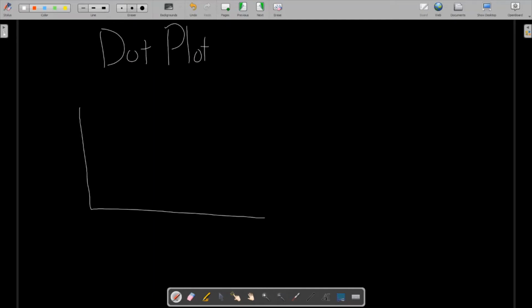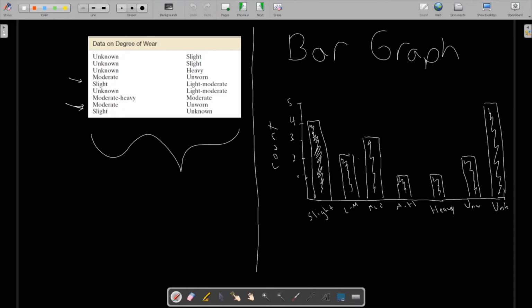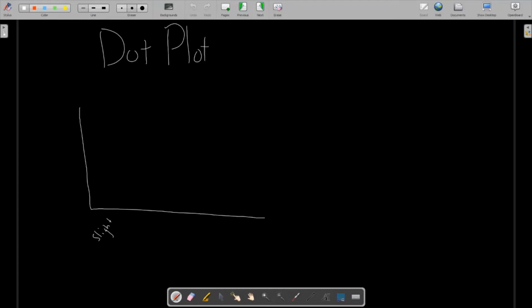So for instance, on the x-axis, we'll still have the same categories. So here, for instance, we'll have slight first, and this time instead to represent the count of 4, for each individual slight that we see in the data, we'll put some kind of marking, either a dot or an X. So I'll do an X because that's easy enough.